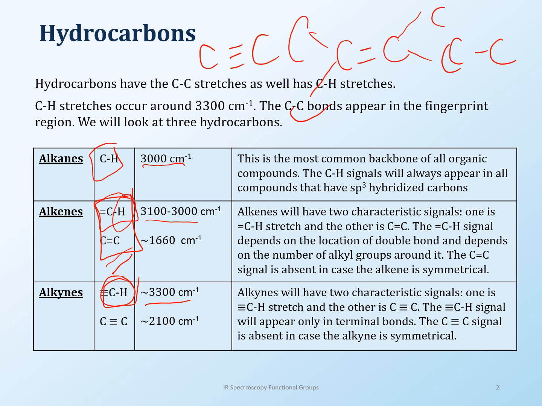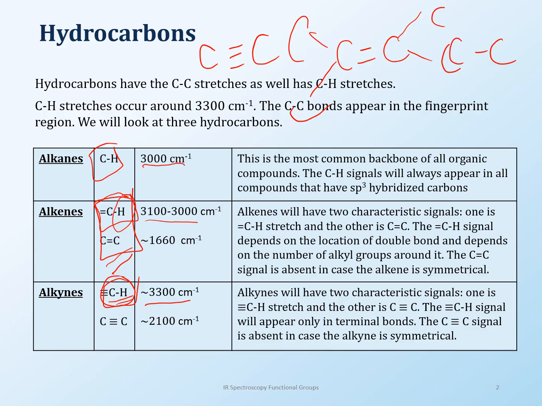If you have an internal triple bond, you're not going to see that CH stretch. Keep that in mind, because this gives you an idea whether your double bond or triple bond is terminal or internal. Now internal alkenes can still have hydrogens, so don't take my word verbatim like that.